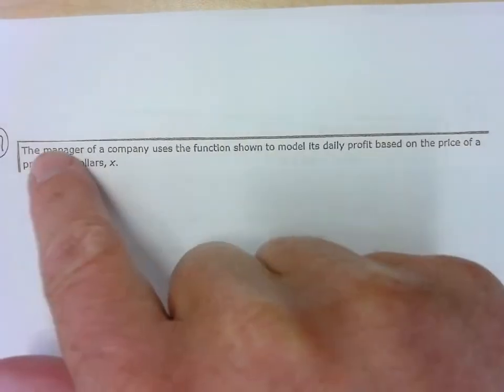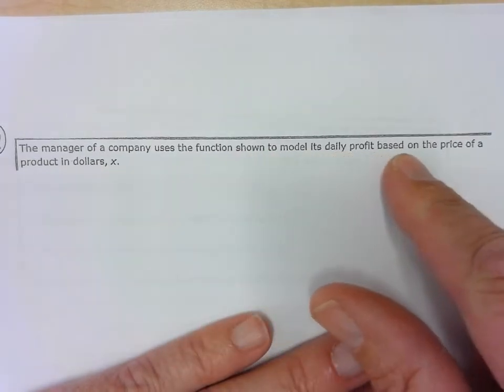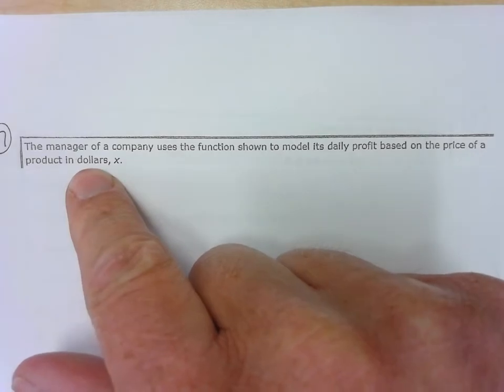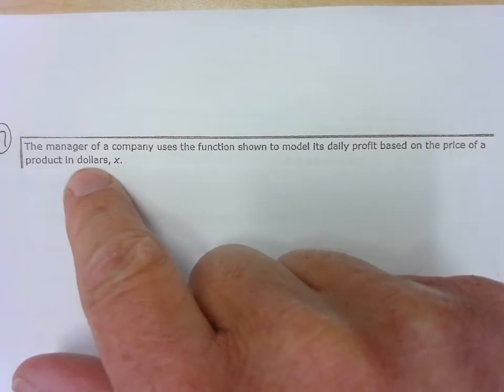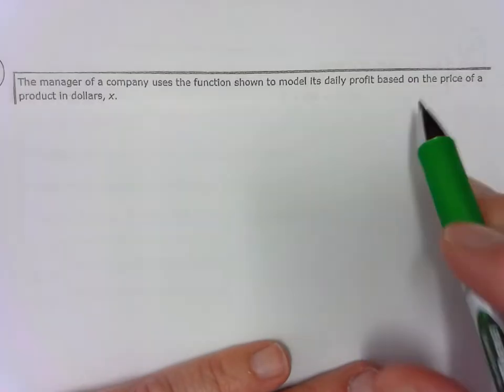Then the next question has to do with the profit problem that we talked about the other day in the upside down parabola. It says the manager of a company uses the function shown to model the daily profit based on the price of a product in x dollars. The profit is the output of the function, and the price in dollars is x.